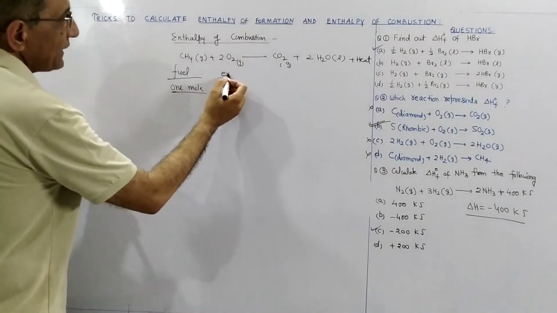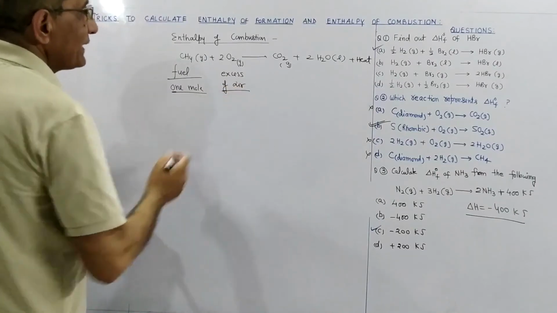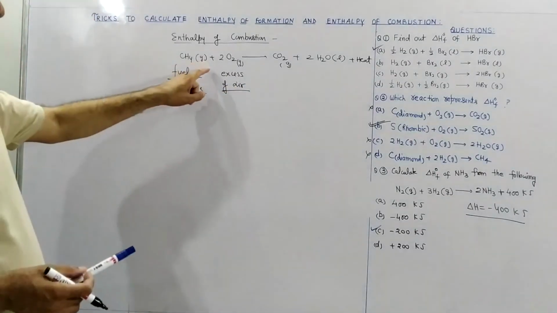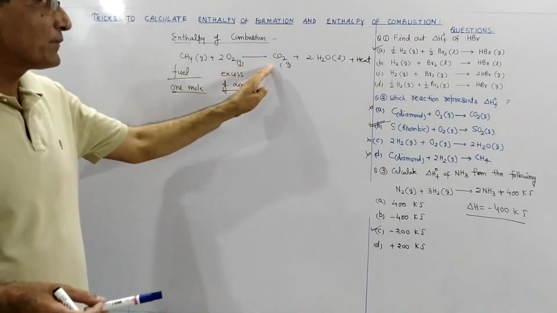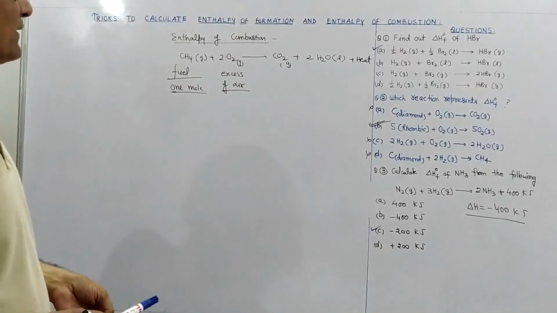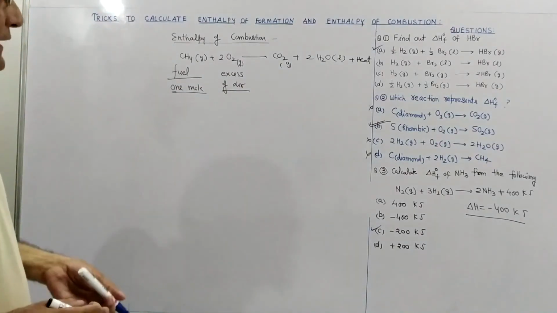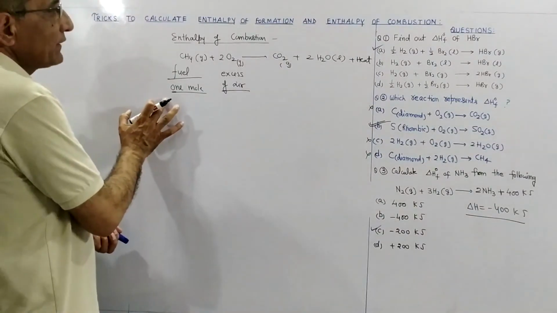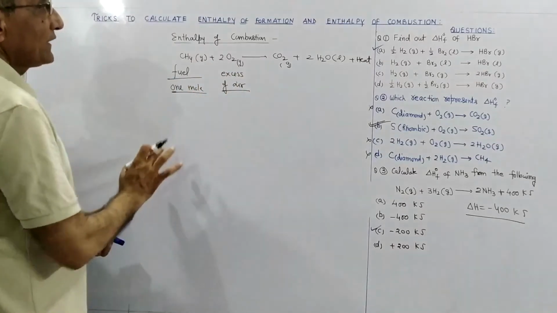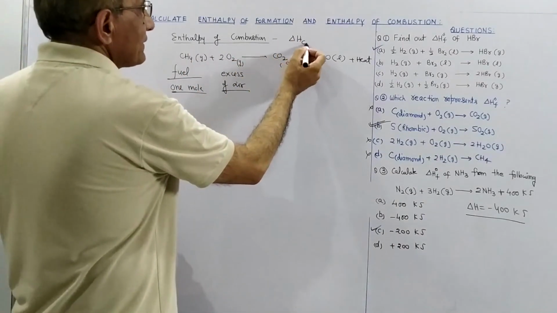And this oxygen has to be in excess of air, because if oxygen is present in less quantity, then incomplete combustion will take place and you may get carbon monoxide in place of carbon dioxide. So what is enthalpy of combustion, students? It is the heat change when 1 mole of fuel is burned in excess of air. This is enthalpy of combustion. We can denote it as delta Hc.